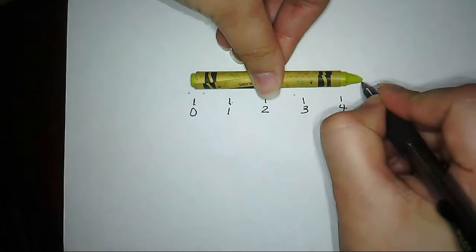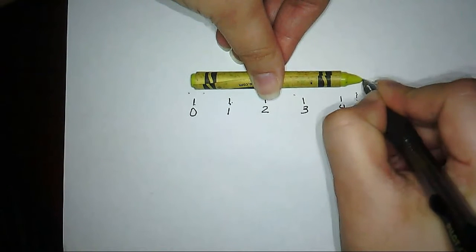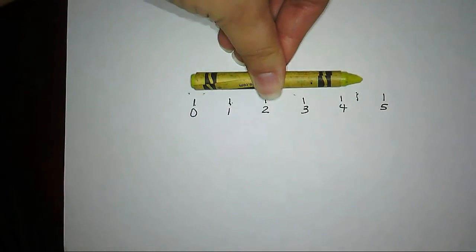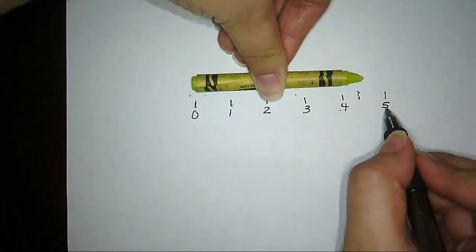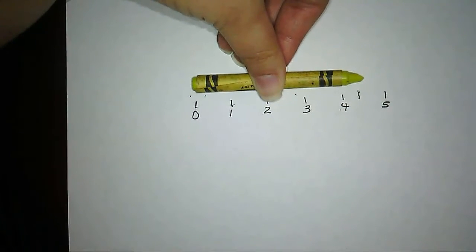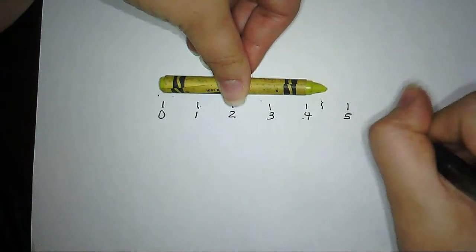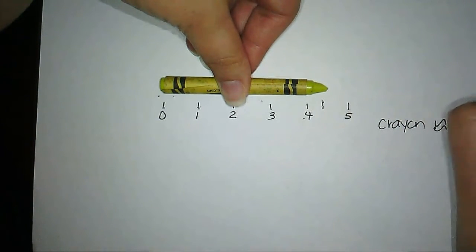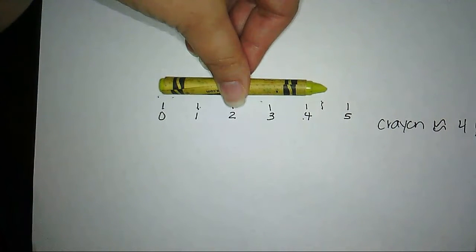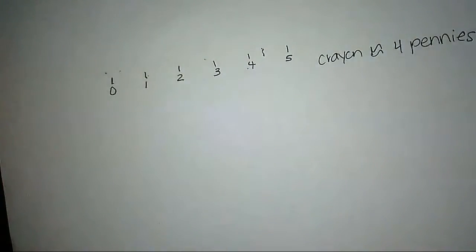So, let me see. This stops right here. This crayon is between the number 4 and 5. So what can I say about the crayon? We can say that the crayon is about 4 pennies. Yes, thank you.